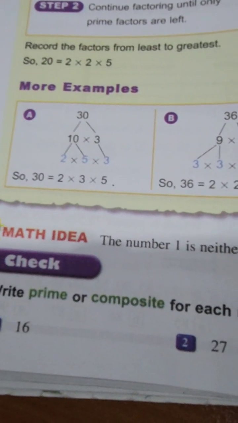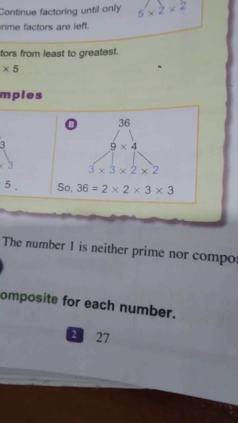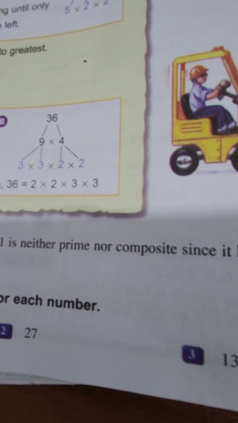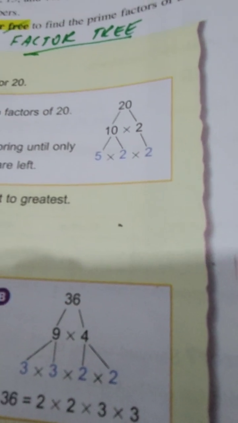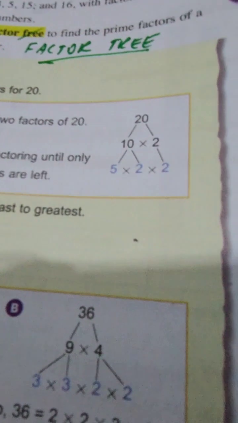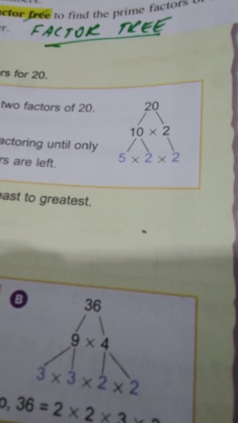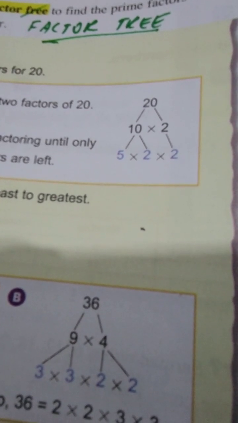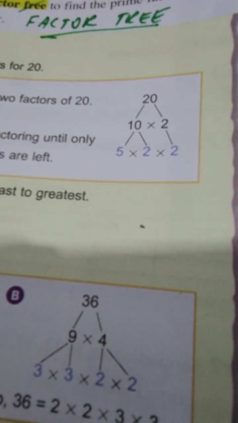Okay. And the next, what is with number 1? Number 1 is neither prime nor composite since it has only one factor. So number 1 is not a composite number, and it's not a prime number. Okay. So what about composite numbers? Numbers that have more than 2 divisors are composite numbers.